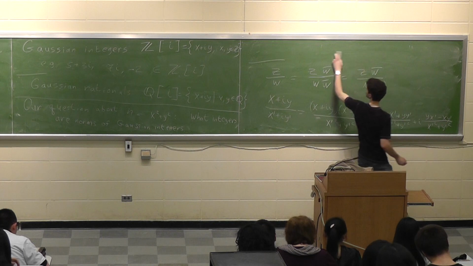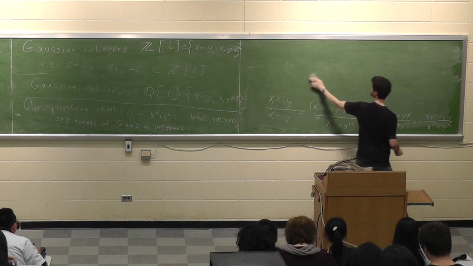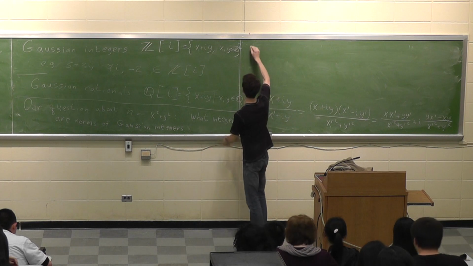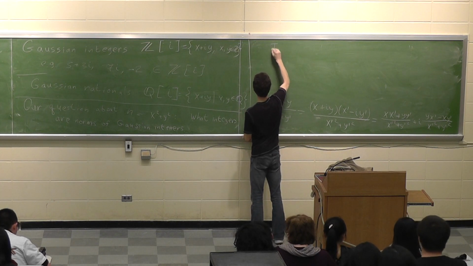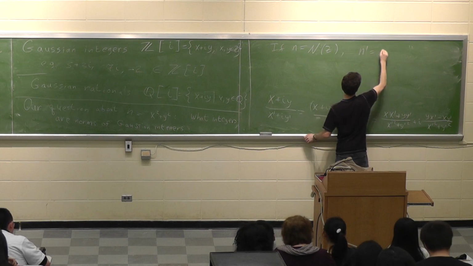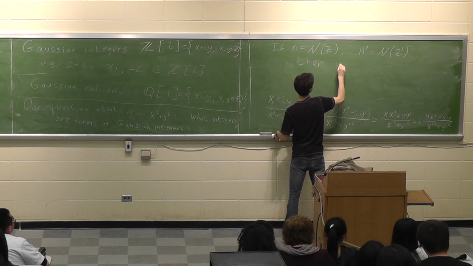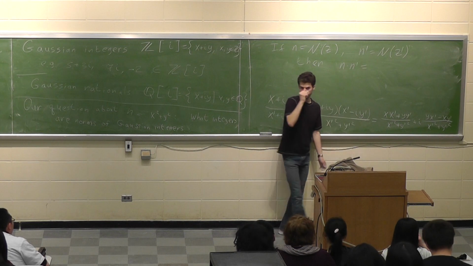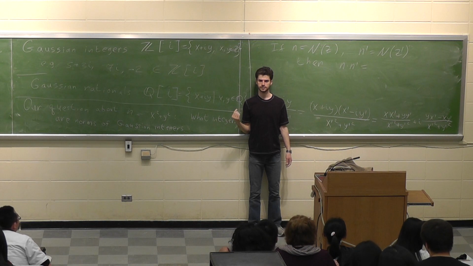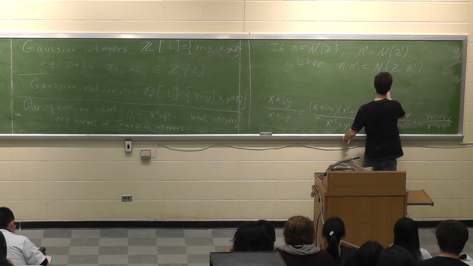And in this notation, what we proved is that if n is a norm and n prime is a norm, so if n and n prime are sums of squares, then the product is a sum of squares. Well, that's obvious in this notation. If n is the norm of z and n prime is the norm of z prime, then n times n prime is also the norm of what? Product of that. Yes, it's the norm of z times z prime.